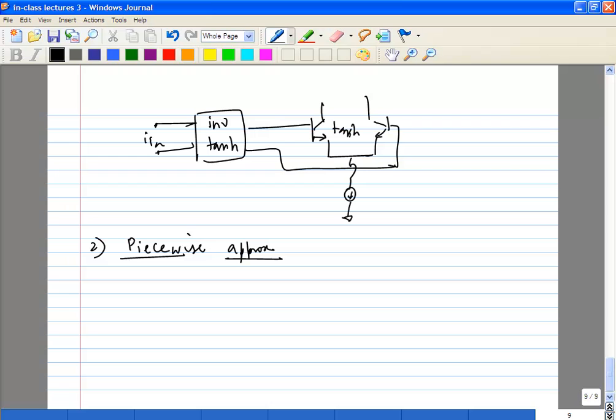Second thing, I think we looked at this before, piecewise approximation. Remember the multi-tanh. We took 3 differential pairs and separated them, using the bias or the size.